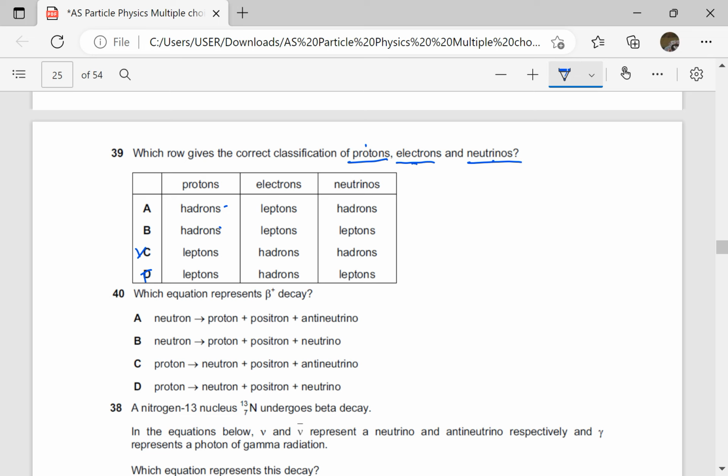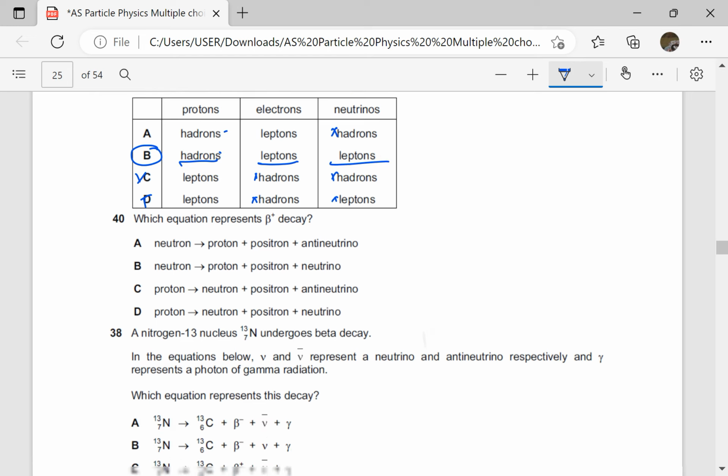Electrons are leptons, so this one is wrong. Neutrinos are leptons, so this one is wrong. So the answer is going to be B. Protons are hadrons, electrons are leptons, neutrinos are leptons.